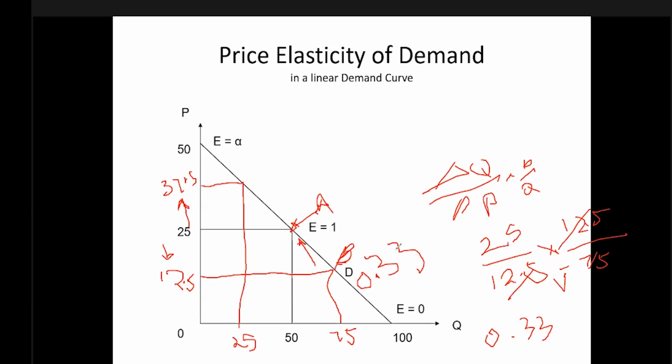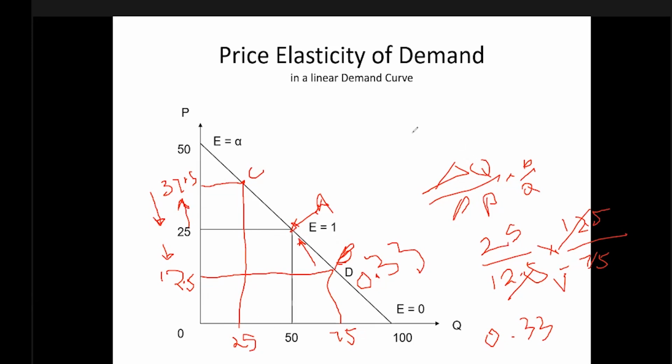That's the difference. To make it a bit more complicated, calculate the elasticity at this point. Let's say this is point C. Quickly calculate point C. Original price was 37.5 and now we are decreasing price to 25. What is the change in quantity demanded?